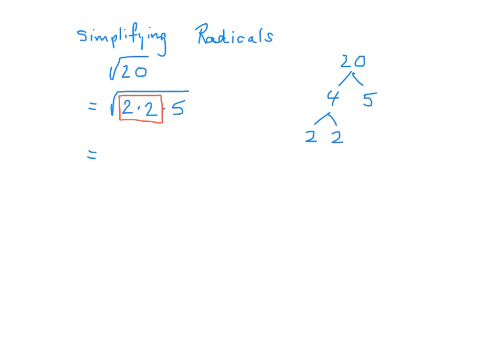So since there are two factors of 2 inside this radical, we can pull one representative out. I had a colleague years ago that talked about getting that 2 out of jail. So as long as there's a pair of them, one of them can come out.